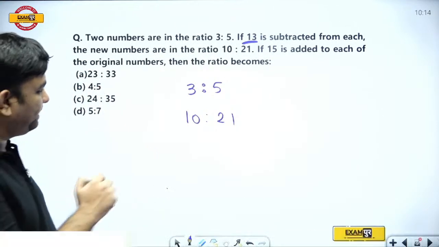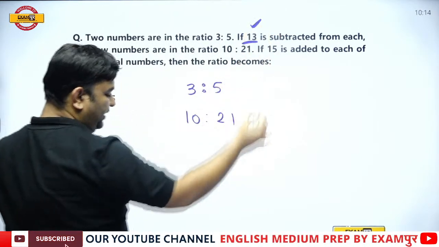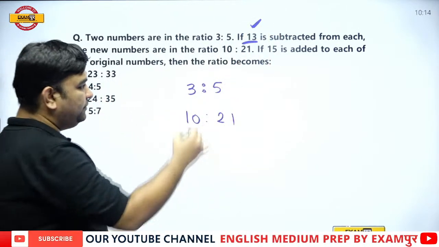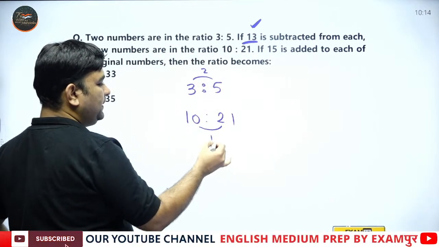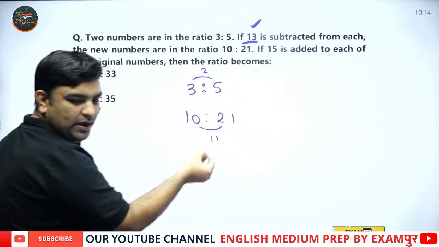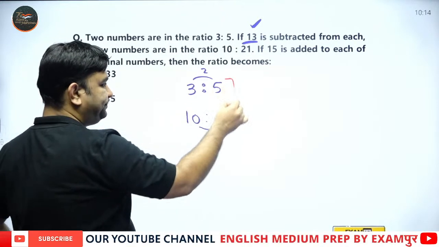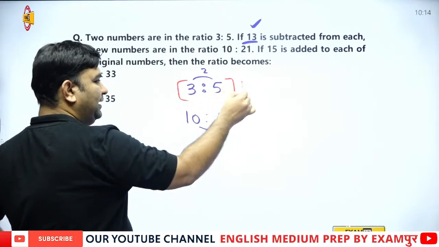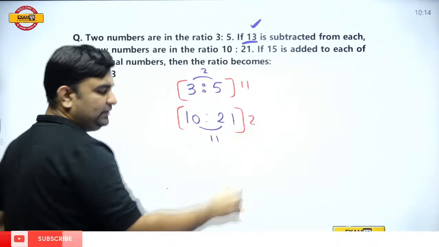Okay. So whenever you are subtracting or adding the same number, you can make this difference equal. Once you make this difference equal, that will automatically become equal. Multiply by 11 over here, multiply by 2 over here to make that difference equal.